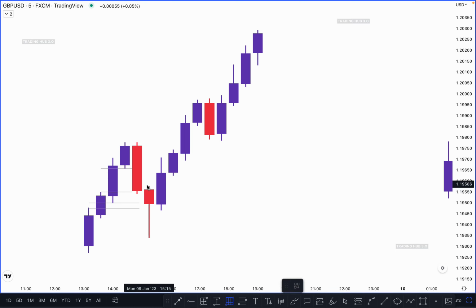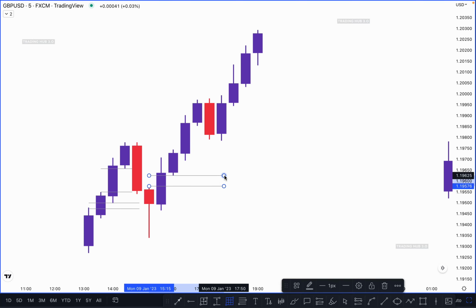This bearish candle high is here and the third candle low is here. If I drag here, this one is our imbalance. The next candle is here and the third candle low is here, which is already mitigated. It means there is no imbalance available here, so we can't mark this as an imbalance.